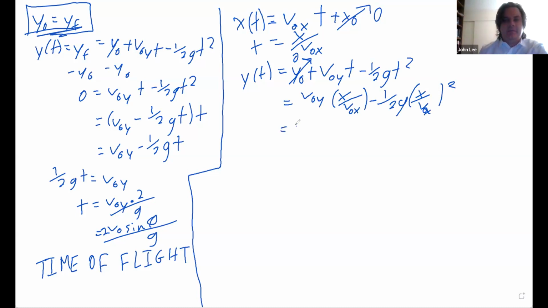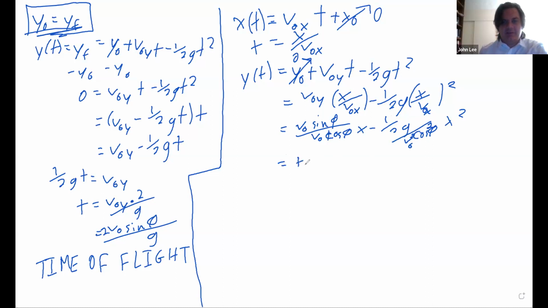where this is going to be equal to v naught sine phi over v naught cosine phi times x, minus 1/2 g over cosine phi squared times x squared, which is 2g over v naught squared cosine squared phi.